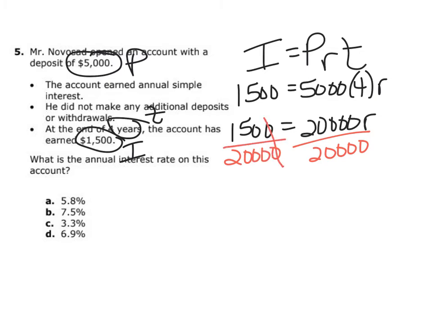I'm going to cross out those zeros because it makes it easier to do smaller numbers. Actually, I put it the wrong way, and this means I would have gotten an answer that wouldn't be on the answer choices. So it's going to be 15 inside the box divided by 200.